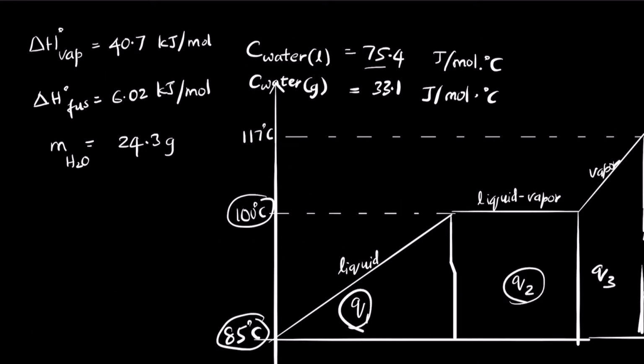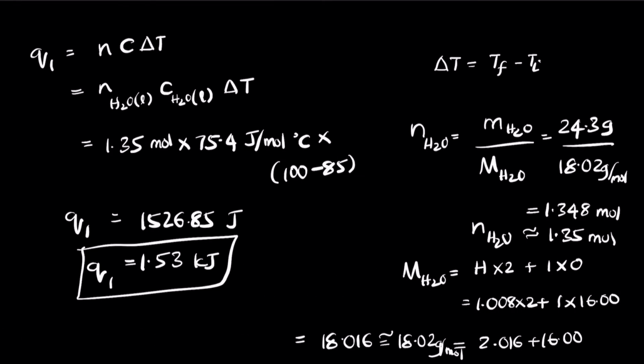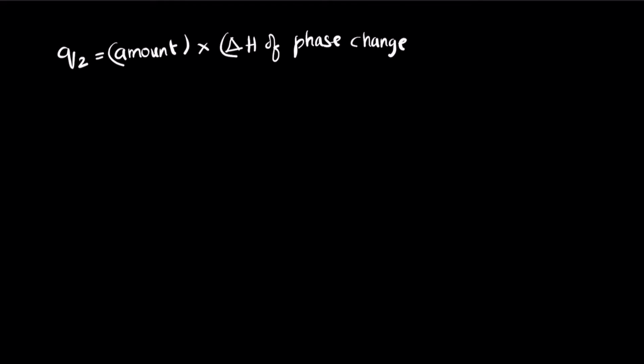We need Q2. Notice that Q1 is increasing temperature. Q2 is phase change happening from liquid to vapor. So because it's a phase change, the formula for Q2 becomes amount times the delta H of phase change. So the phase change that is happening here is vaporization.